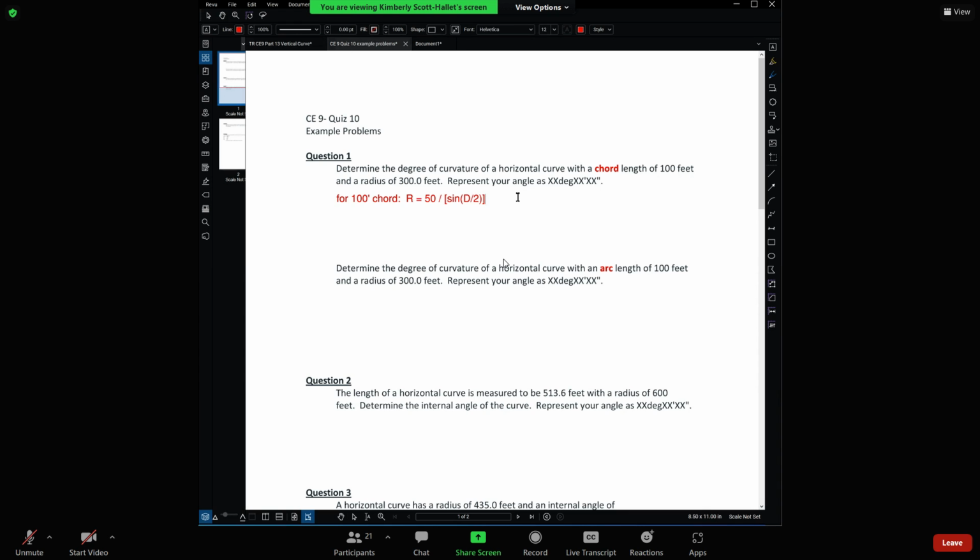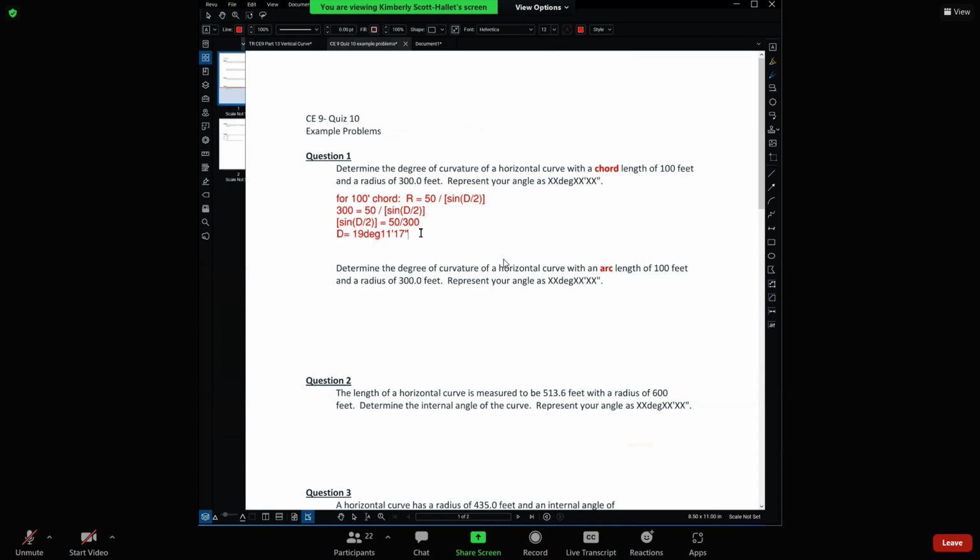So we can rewrite this using our variables. We're given a radius of 300 feet. So we can rewrite this as 300 is equal to 50 divided by sine of D over 2, and we can solve for sine of D over 2 is equal to 50 over 300, and we can solve for D. And again, D is 19 degrees, 11 minutes, and 17 seconds.